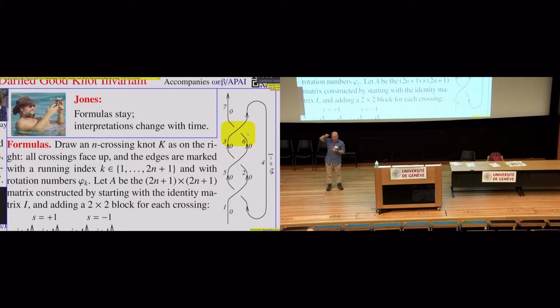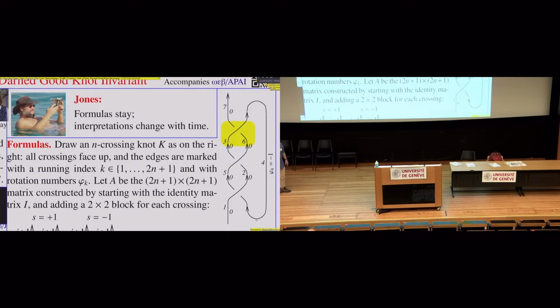So the tangent starts facing north and ends facing north, and then as you go along the edge, you can count how many times it turns around the circle counterclockwise, and that's the rotation number. So here, all of the edges have rotation number 0, except edge number 4, whose rotation number is -1, because it rotates counterclockwise.